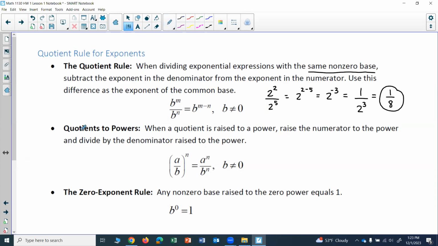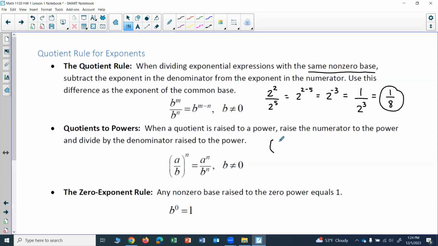The next rule is quotients to powers. When a quotient is raised to a power, raise the numerator to the power and divide by the denominator raised to the power. So in other words, if I had a over b all raised to the nth power, that would equal a to the n over b to the n. And the base b cannot be 0 because I can't divide by 0. All right, so let's look at an example.